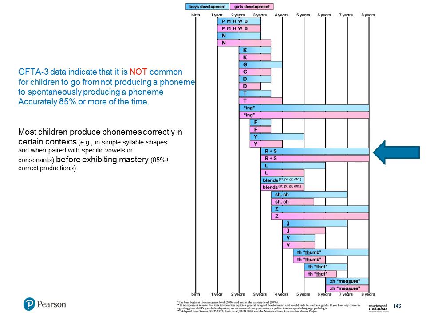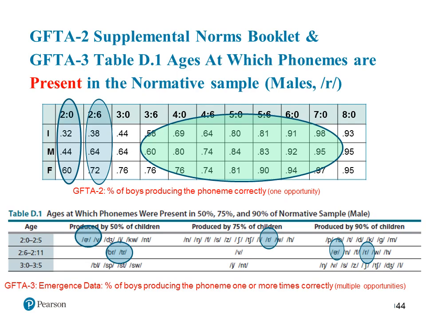So the beginning of the bar to the left, let's pick out where the arrow is of R and S. What we can see is at 3, kids are going to start producing it right once or twice, they're kind of practicing along from 3 years old, 4 years old, 5, 6, 7, until they hit 8;1, 7;11 in this case, that they are going to get it right most of the time, and most of the time is 85% in this case.